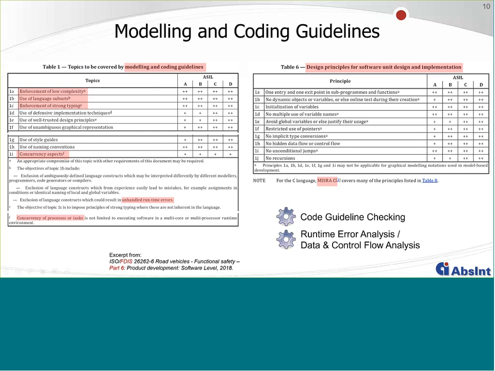For example, having no dynamic memory allocation, variables should be initialized, and so on. No hidden data and control flow. Those are all requirements which can be linked to coding standards like MISRA C. And as you can see in both tables here, they have very high recommendation levels. So most of them are highly recommended.